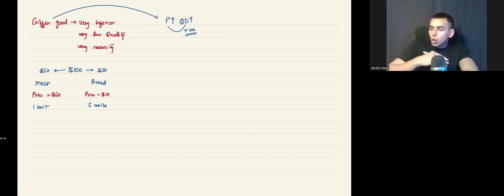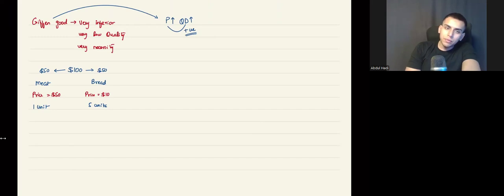So according to the utility theory, if I consume bread again and again, my marginal utility will fall. So, keeping that in mind, I am eating bread once or twice a day, and then I go to meat. I eat meat, then I come back, and then I eat bread once or twice a day again. So keeping my utility balanced. So what am I doing? I am consuming 1 unit of meat and 5 units of bread.